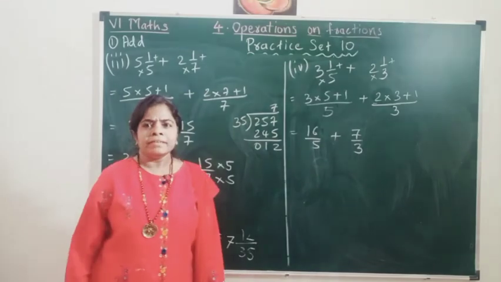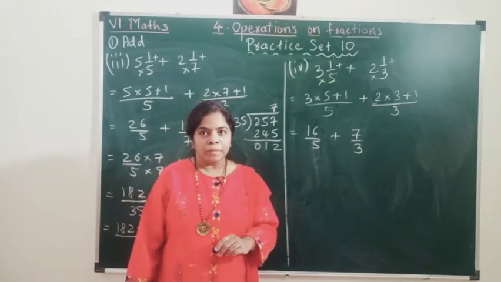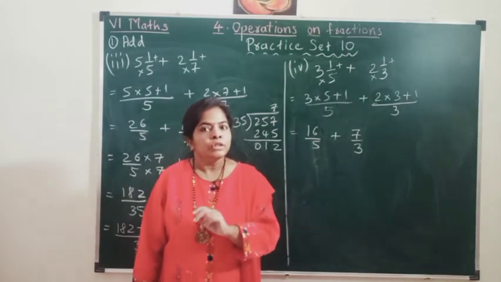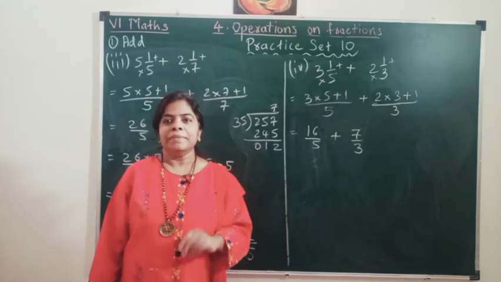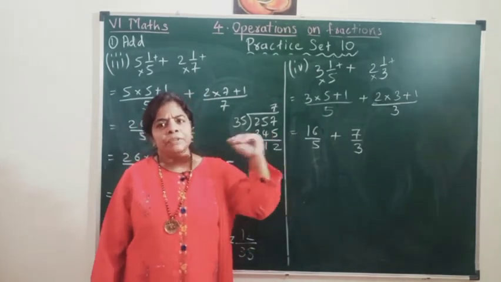The denominators are not same. Two questions. Are the denominators same? No. Are they coming in same table? No. They are not coming in same table. So we will cross multiply them. 5 with 3, 3 with 5.